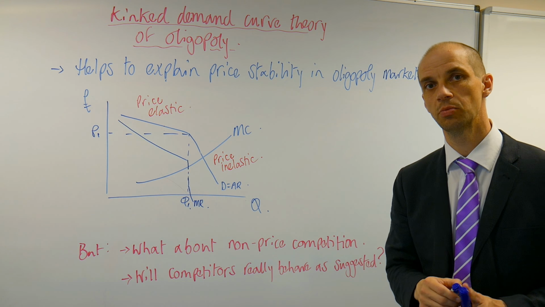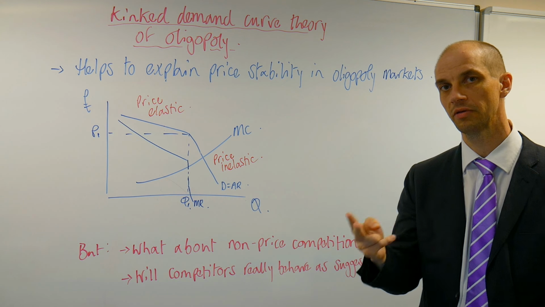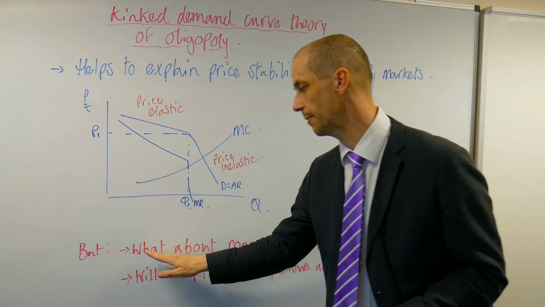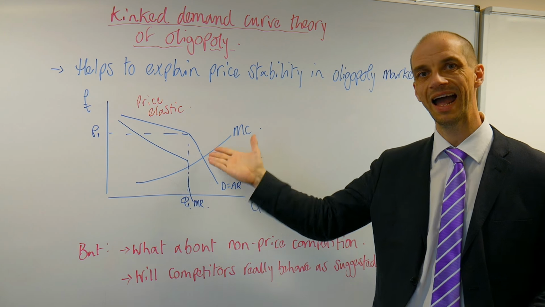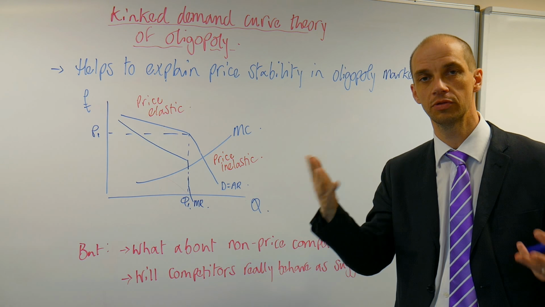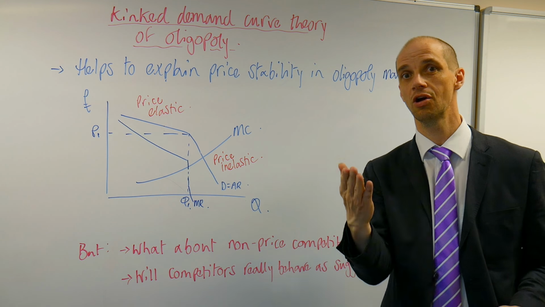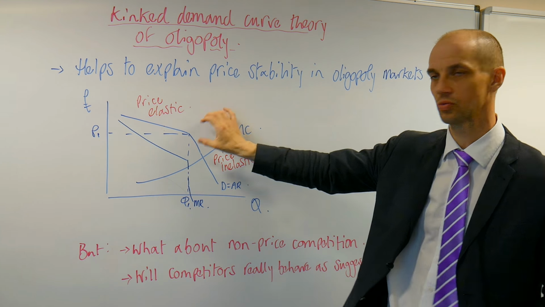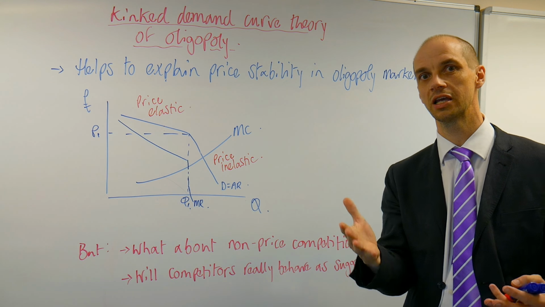So this is why this model helps us to explain price stability, but it doesn't consider a couple of important factors. Firstly, what about non-price competition? We know that with Apple versus Android phones, Apple phones get the price raised quite significantly year on year, particularly if you look at the iPhone X. So this model clearly does not work in explaining what has taken place there.